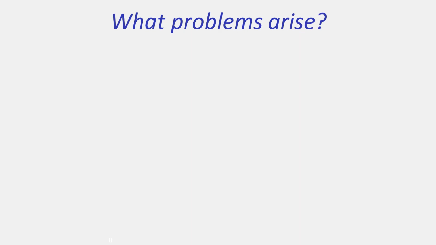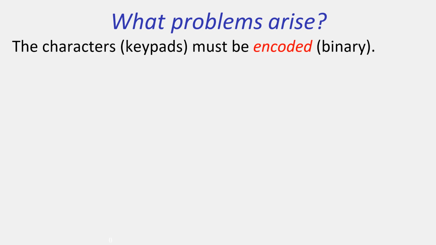So, where are the problems that arise with this activity? The first problem is you cannot send characters directly. You cannot send a letter A, a letter S, a letter T, because for transmission purposes, all you can use are the digit 0 and the digit 1.